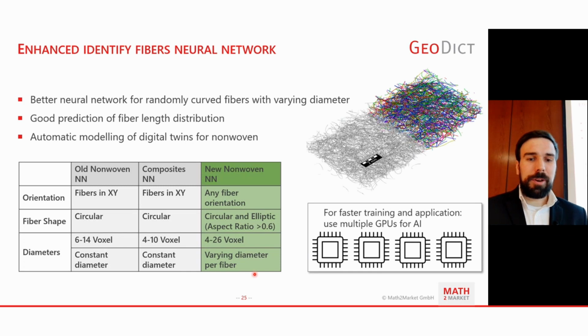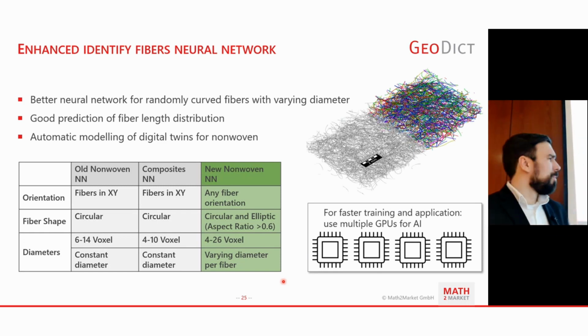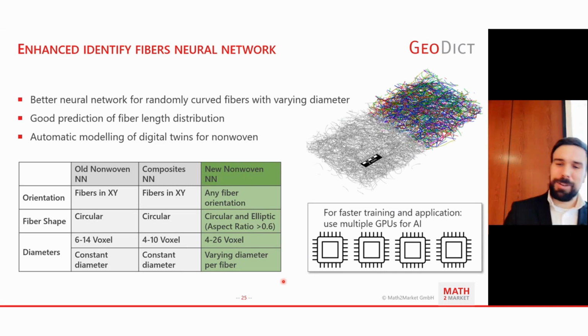And we can now also work with fibers that have a varying diameter throughout their length. So if you have fibers that are thin and thick along their trajectory, that isn't a problem anymore. But again, the fibers that are created for the analytical representation still will have the medium diameter of the fiber. But that's something we can also change if you're interested in that.